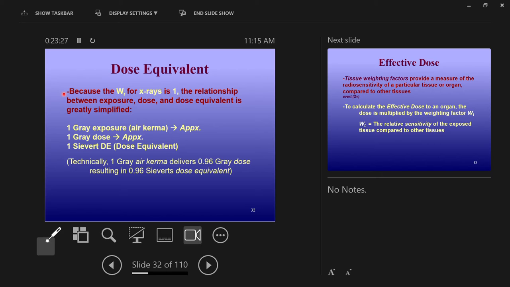So we just use one for our patients and one for workers. We don't get exposed on purpose, right? We do expose our patients on purpose, okay? So we call their radiation a dose because we're giving it to them on purpose. Ours is referred to as dose equivalent. So we use the sievert for ourselves, the gray for our patients.